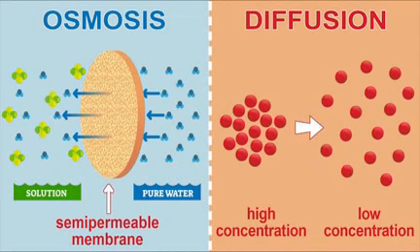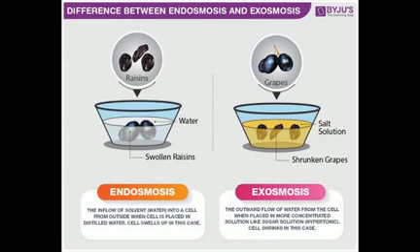Now the same Bengal gram seed, if you keep it in a dry place for a few hours, you'll find that it shrinks. That means the surrounding atmosphere contains less water than the seed, so the water molecules will come out. So this is what exosmosis is.